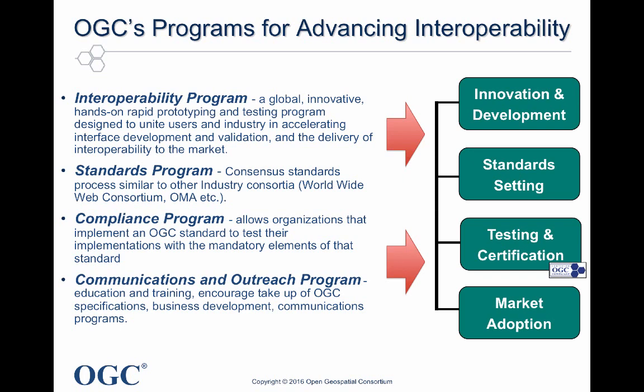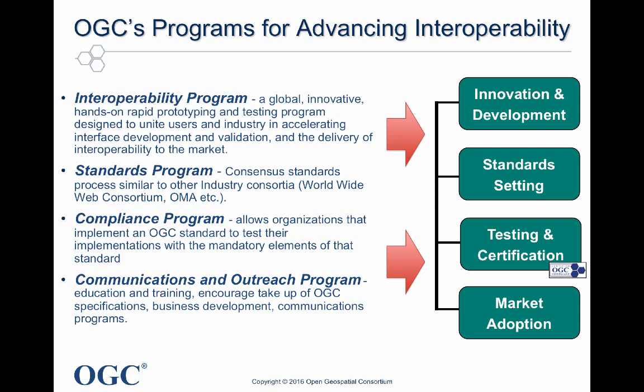You would know that OGC has 4 programs. The Interoperability Program is where you sit today. The Standards Program is the Consensus Program. So where running code wins in the Interoperability Program, it's people voting and consensus that gets us to standards in the Standards Program.